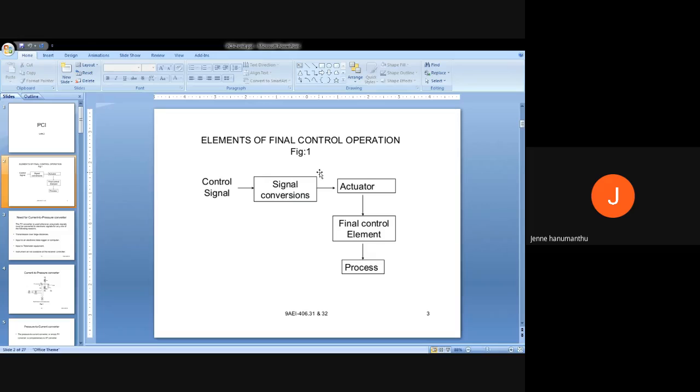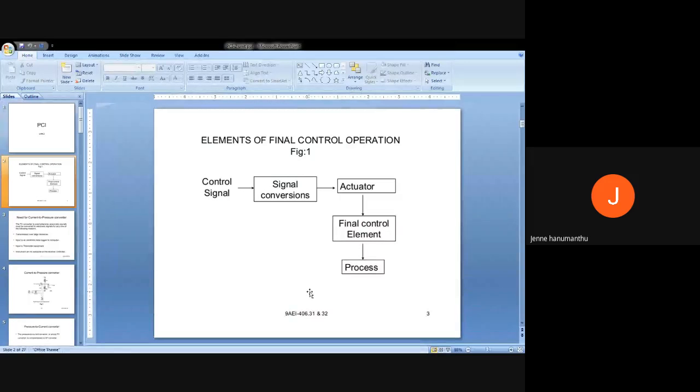And as per our syllabus, we converted current into pressure and pressure into current, and pneumatic pressure into a suitable electrical signal, voltage or current, with the help of LVDT. So these three conversions are done with signal conversion, right?